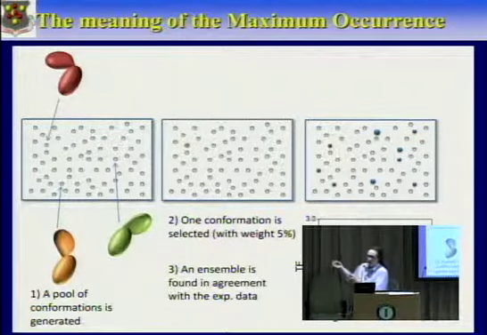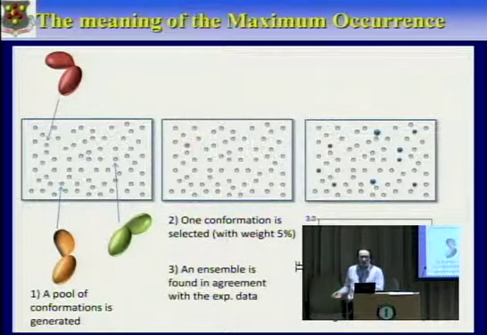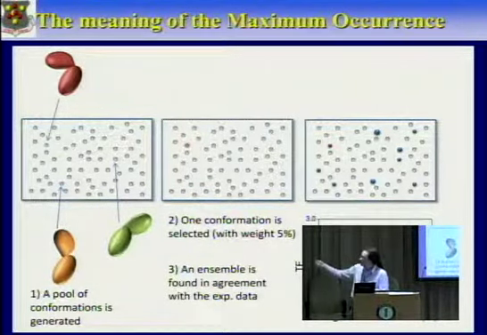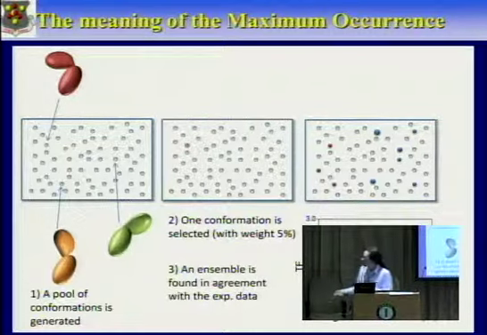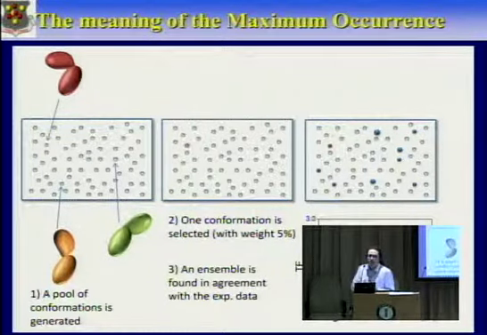And we generate several thousand of these, typically 10 to 50,000 different configurations, so this pool is really large. Then we select one randomly, and then we start selecting other structures from the large pool, and we keep the weight of this red structure fixed in the averaging, so it's a weighted average.